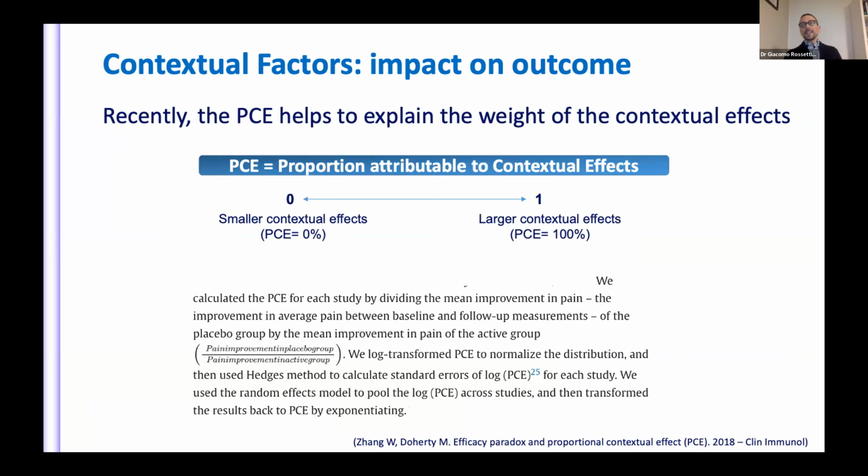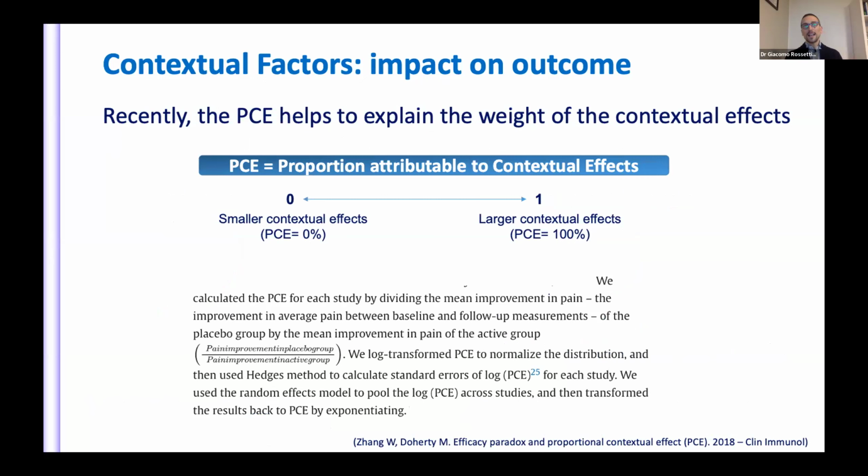Recently, a new metric has been proposed to analyze the weight of contextual effect, and this is called PCE, or proportion attributable to contextual effects. And this metric ranges between two values. 0% indicates smaller contextual effects, while 100% indicates larger contextual effects.